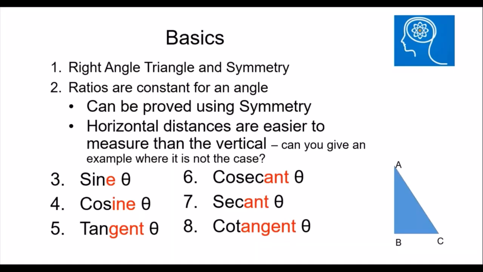Hypotenuse upon adjacent side is sec theta. Cot theta is 1 upon tan, which is adjacent side upon opposite side. Okay. So is everybody clear on this, or do you want me to explain some more? Clear, sir. Okay.